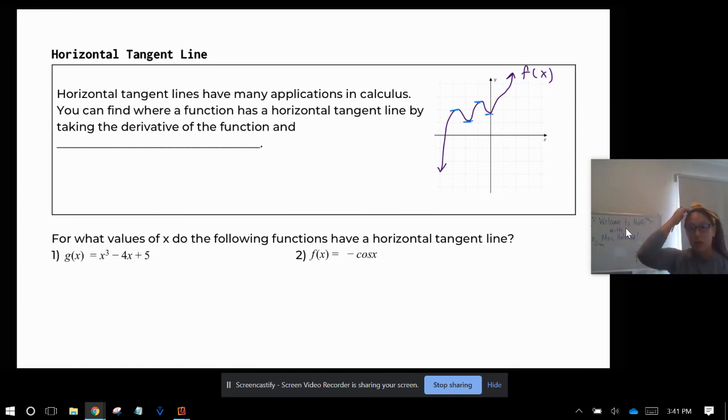So what I'm going to do is set the derivative equal to 0.